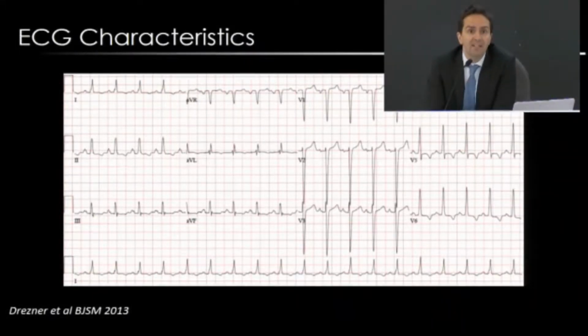And here is an ECG of a subject with dilated cardiomyopathy, and you can see that there are negative T waves diffusely present, but also poor R wave progression in the anterior precordial leads. So these are some findings that you can identify on ECG.